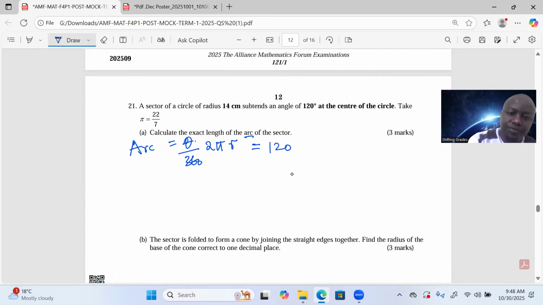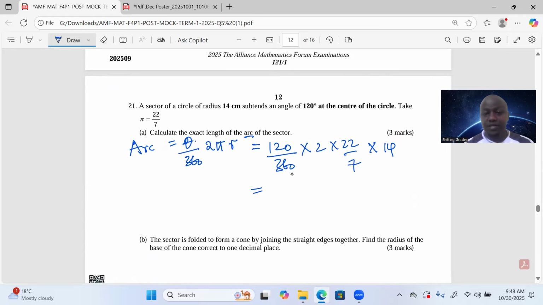So beta over 360, 2 pi r. Then this now should be computed faithfully. And then we shall get exactly 29 1/3.